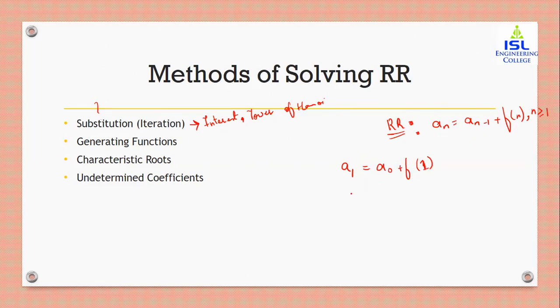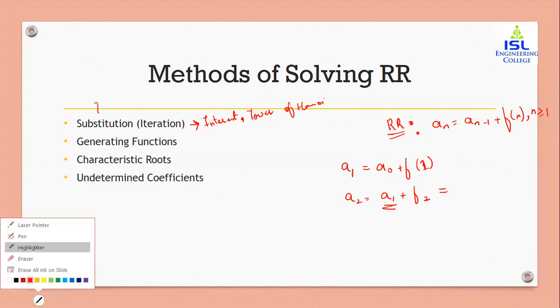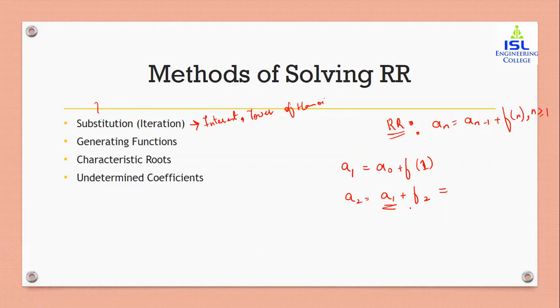After that, you will take a2. a2 will be a1 plus f2. Now, in the place of a1, you have to substitute the earlier a1 value. So a2 is equal to a1 plus f2.